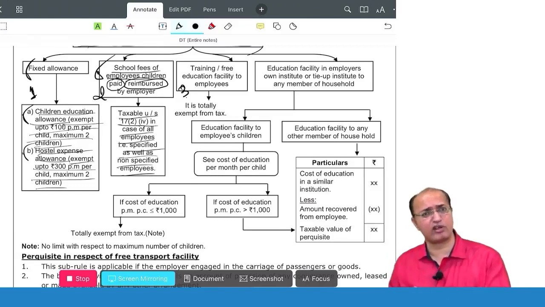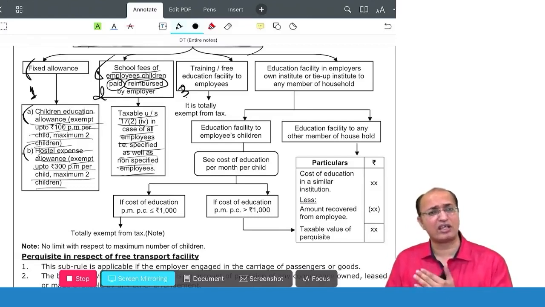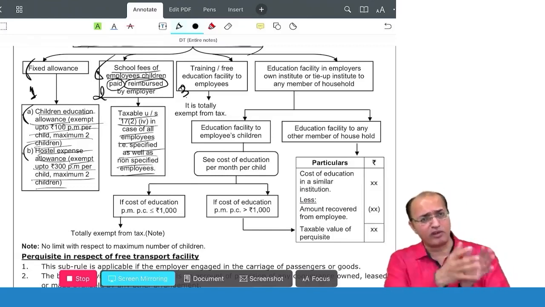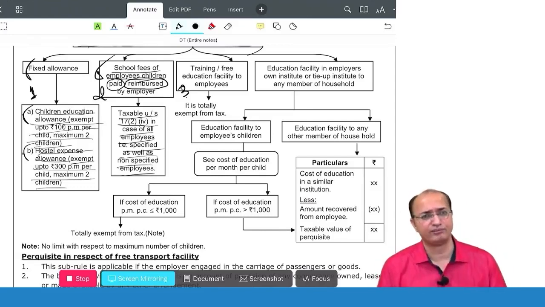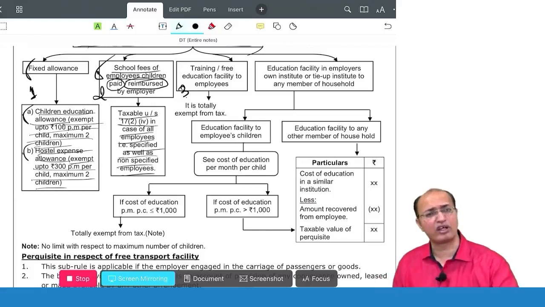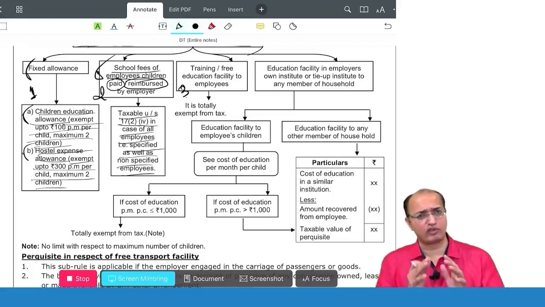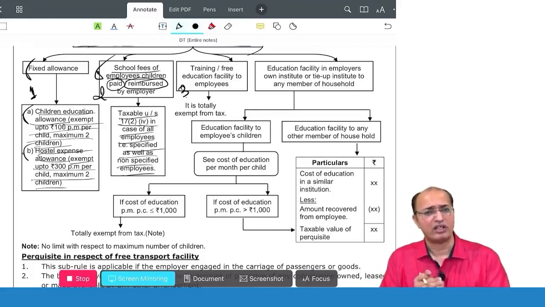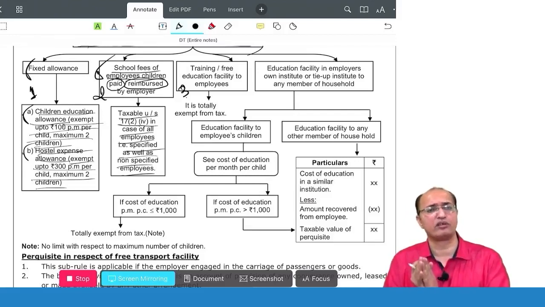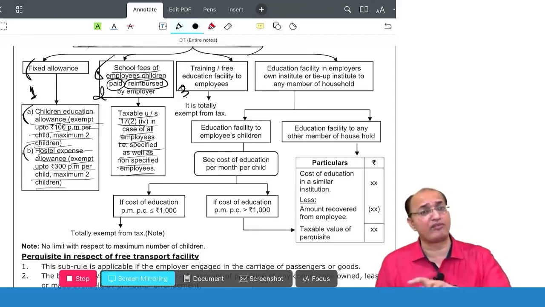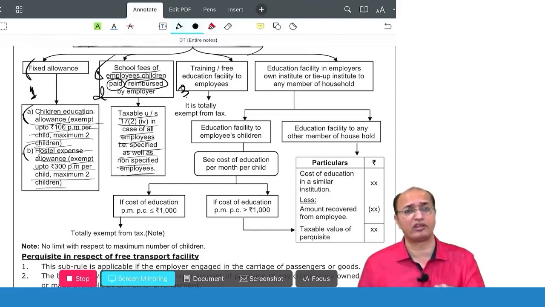Definitely it will benefit you also, but it is for the objective of you performing your duties efficiently. If you don't know the software, or you know it only partially, then you will not be in a position to perform your duty effectively and efficiently. That is the reason training is being provided to you, and it is for the benefit of employer, not for your benefit.